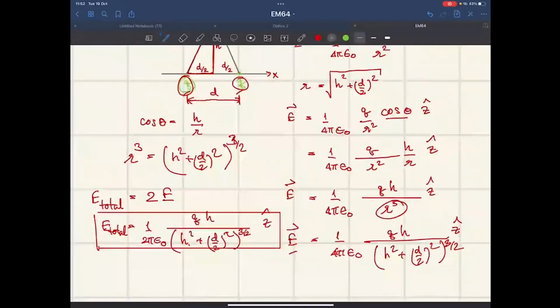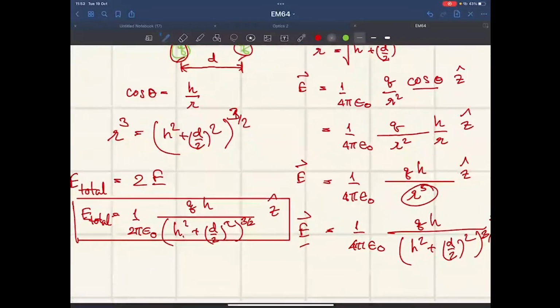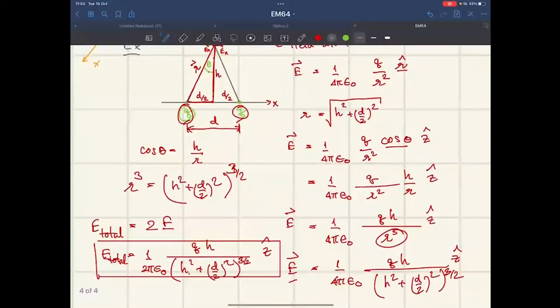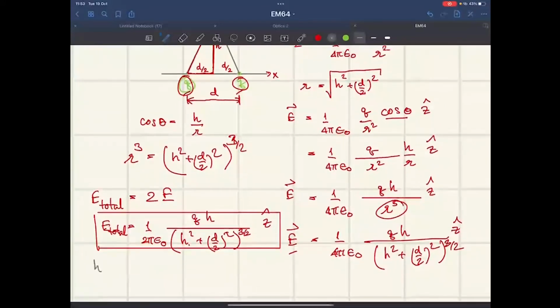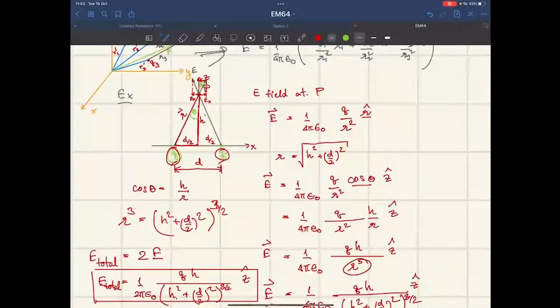Okay, now I will show you how to check the result, whether it's correct or incorrect. Let me tell you what happens if this H here is a lot more than D. When H is a lot more than D, it means you are very far away, and these two charges are really close to each other. This thing is H here, this thing is D. When you go very far away, D is very small.